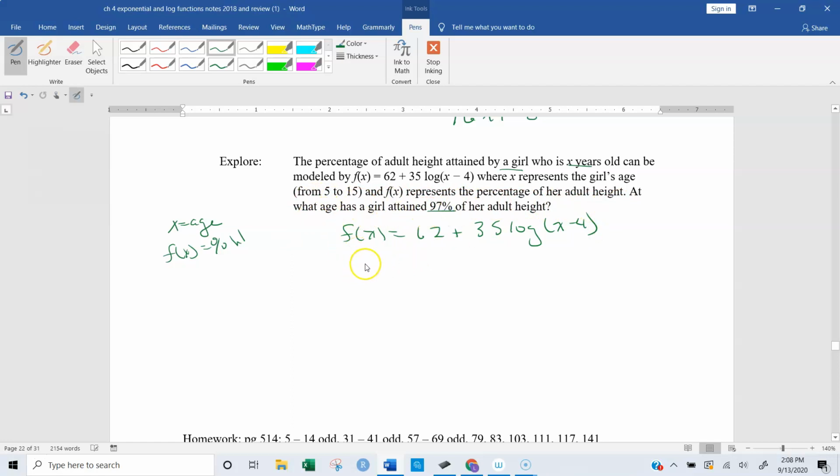So 97% goes here. 62 plus 35 log of X minus 4. So let's subtract the 62. We get 35 equals 35 log of X minus 4. Divide by 35. So 1 equals log of X minus 4.